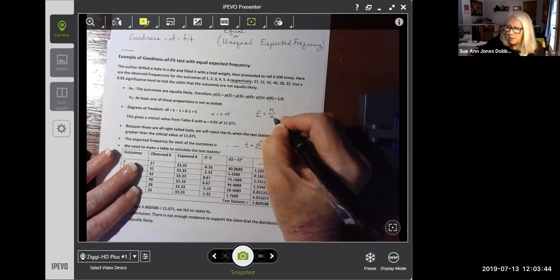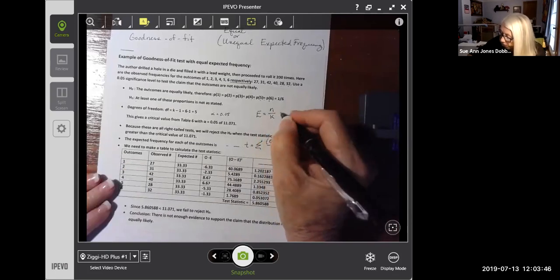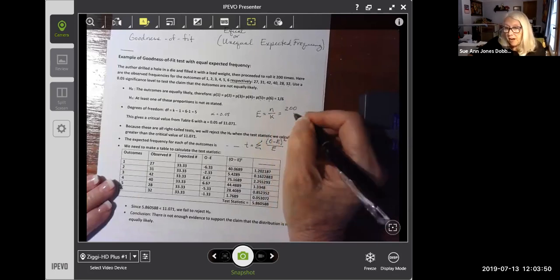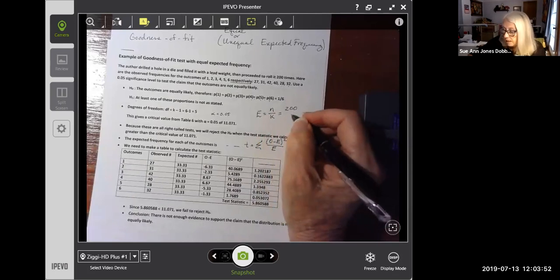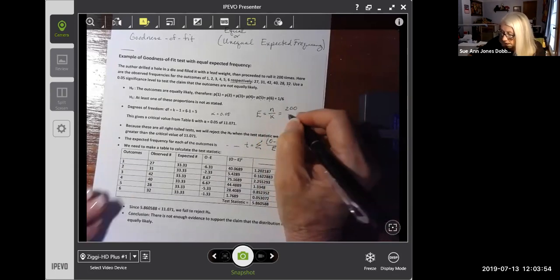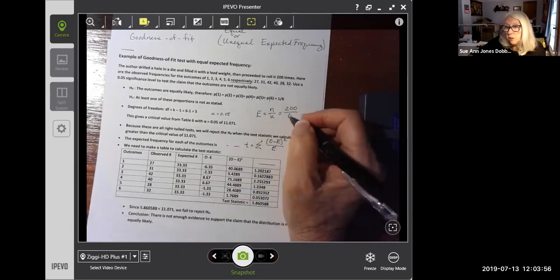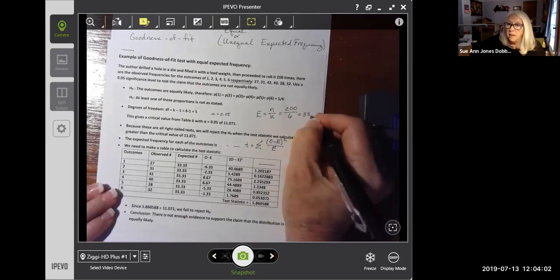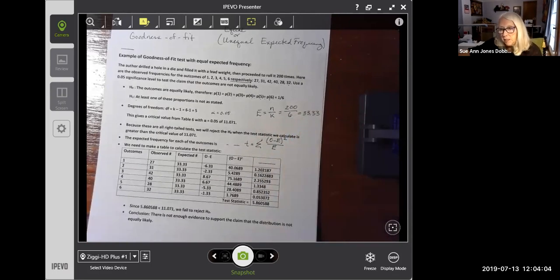And honestly, this just makes sense. If I roll a die 200 times and it's a fair die, there are 6 possible outcomes, the numbers 1, 2, 3, 4, 5, or 6, then I expect to get approximately 33 of each of the possible outcomes.